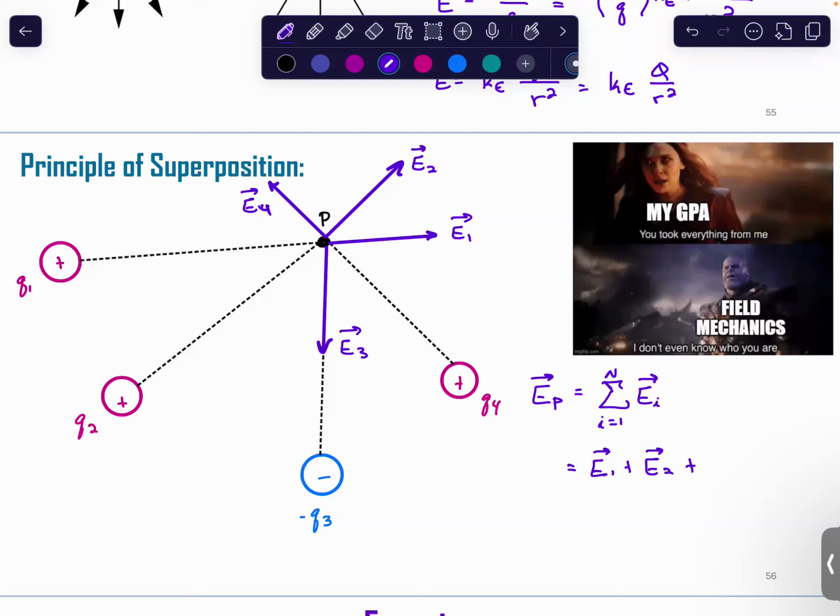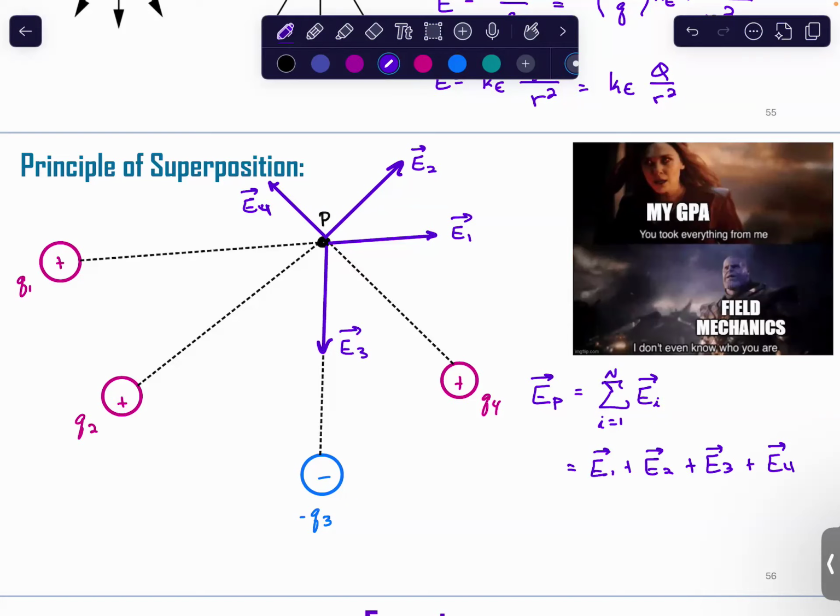In this case, it's going to be i equals 1 through 4. So this is the principle of superposition.